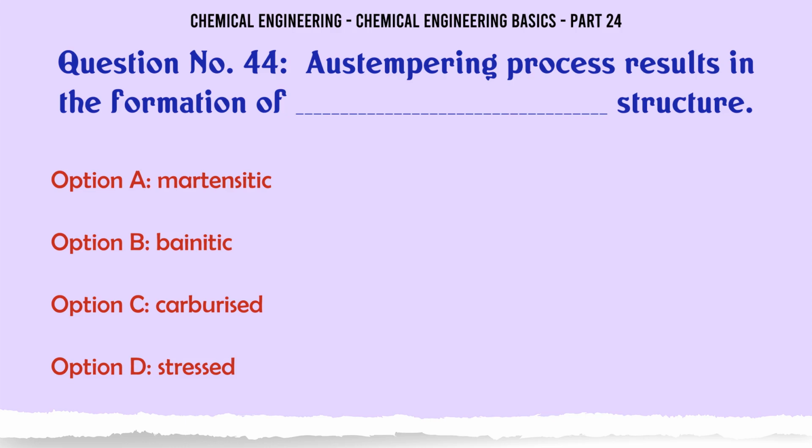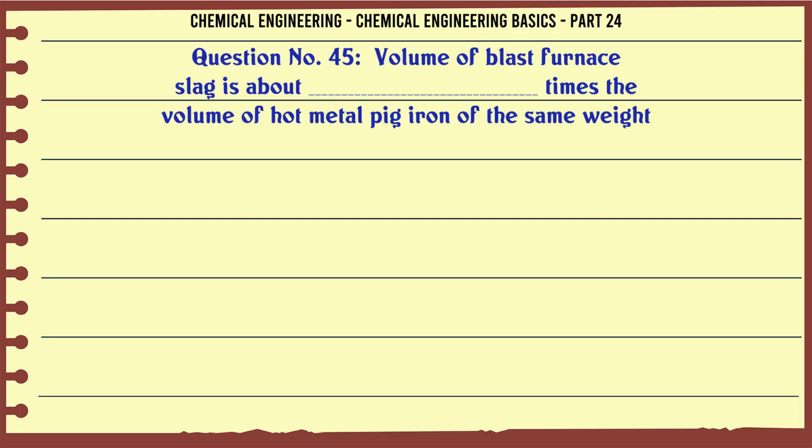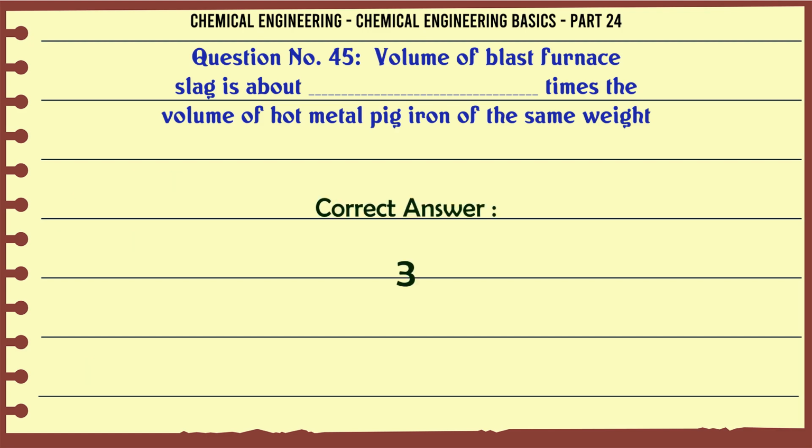B. bainitic. C. carburized. D. stressed. The correct answer is bainitic. Volume of blast furnace slag is about times the volume of hot metal pig iron of the same weight. A. 1.5. B. 3. C. 5. D. 7. The correct answer is 3.